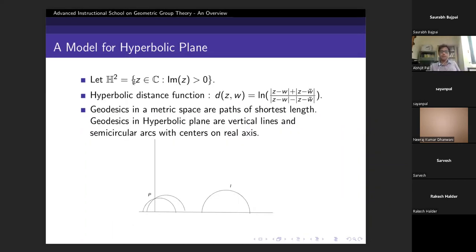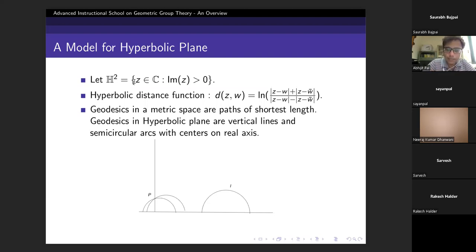Let me give you a model of this hyperbolic geometry. It is called the hyperbolic plane. You take the upper half plane, the set of all complex numbers whose imaginary part is greater than 0. Instead of taking the Euclidean distance between two points, you define the distance between two points z and w in the upper half plane as log of (|z - w| + |z - w̄|) divided by (|z - w̄| - |z - w|).